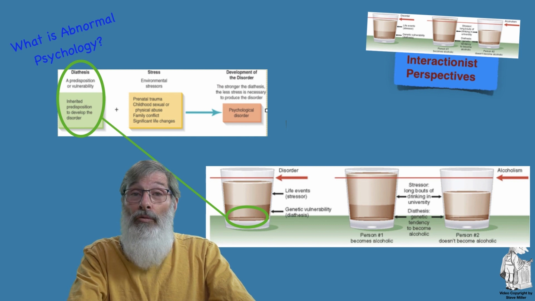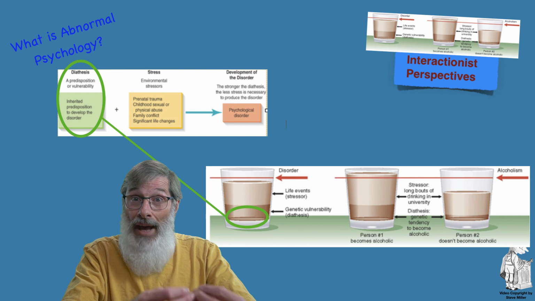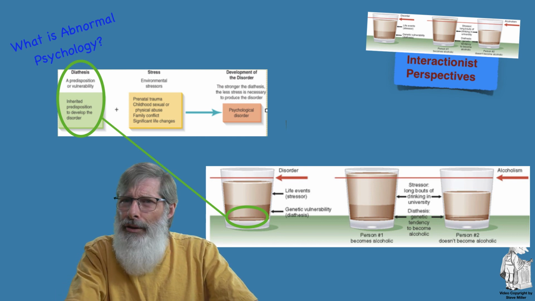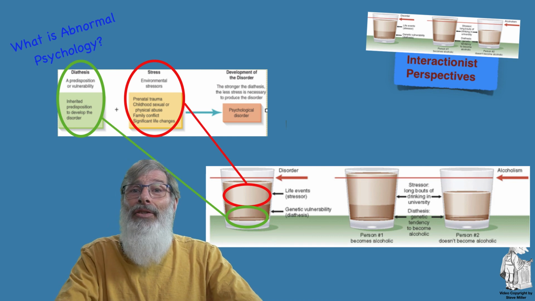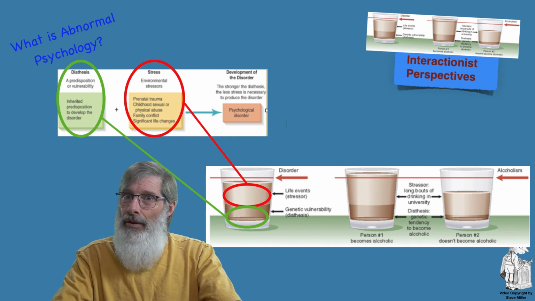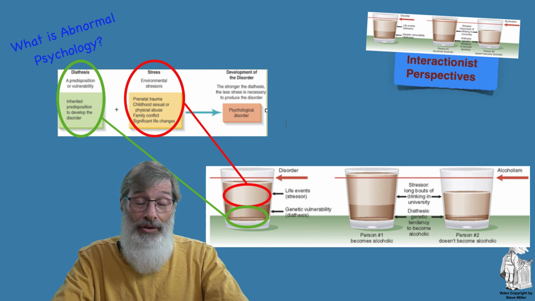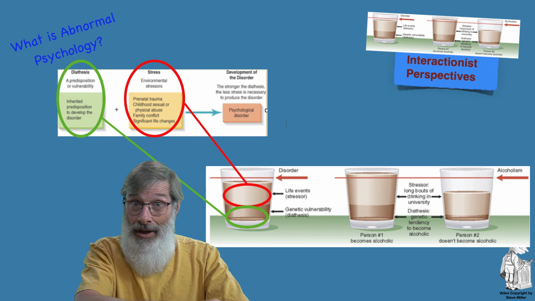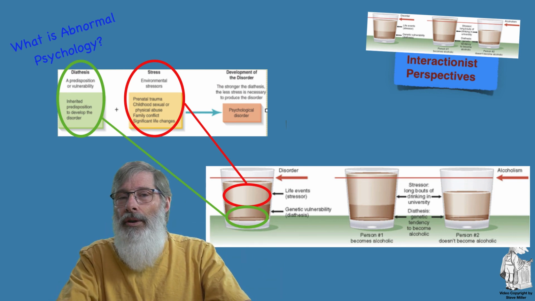So that's a predisposition for a particular disorder, but whether that disorder actually develops depends on the type and severity of the stressors that they experience. So the diathesis is the predisposition, and the stress acts on it, which then could produce that disorder.